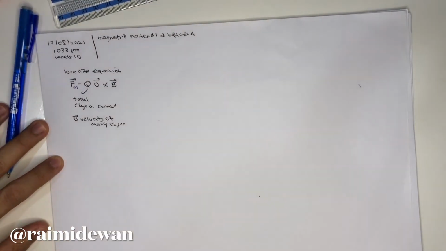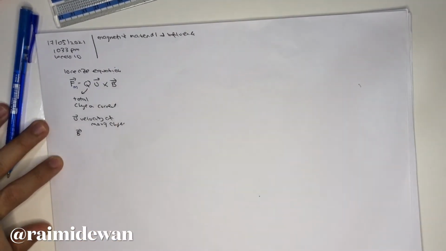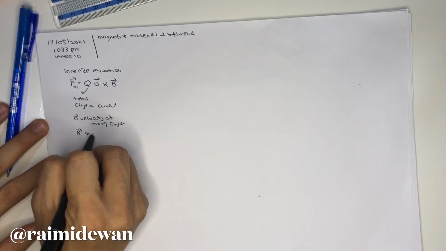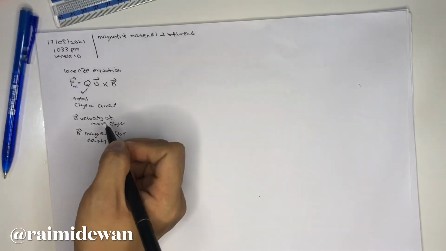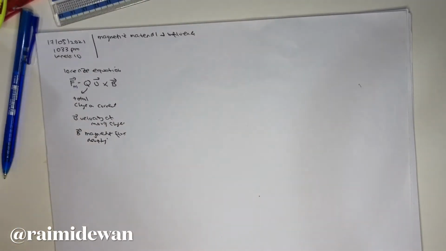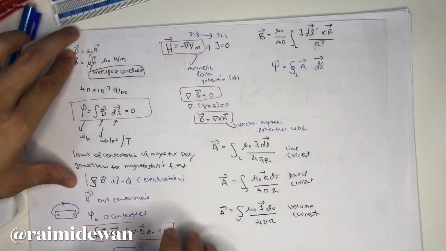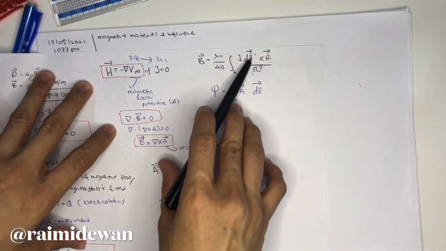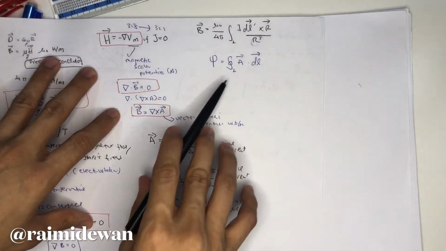Here B is, just like in electrostatic we have electric flux density, so this B is the magnetic flux density, which we already covered in the previous class, on the 17th, almost the same day, with the previous slide, where we have B equals mu naught over 4 pi, I dl cross R over R cubed, with R as the distance.